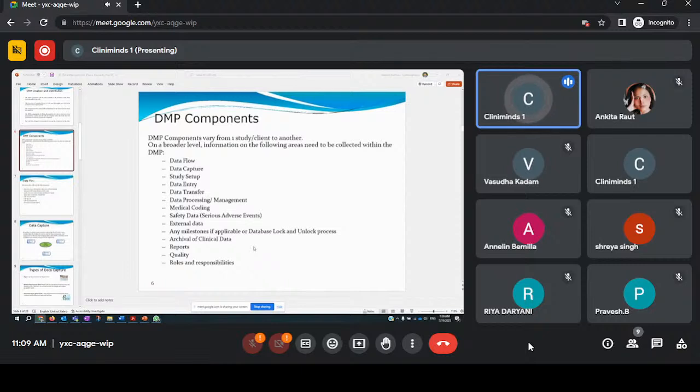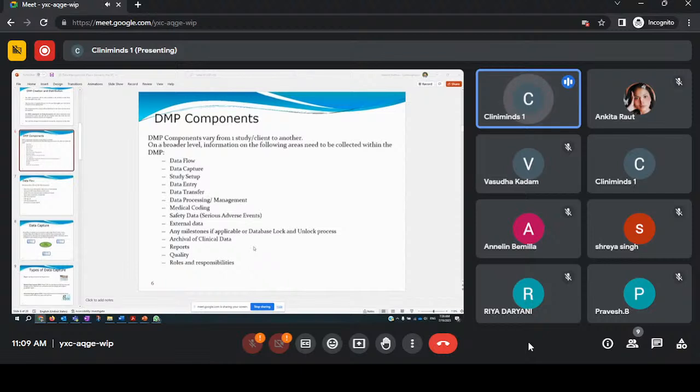So what is the frequency, whether it's monthly or bi-weekly or even every 6 months, right? Depending upon the data type, you also have which type of data format we will be receiving. For example, are we receiving SDTM format, or are we receiving CSV format like Excel from the safety database, right? So all those things will be given in the DMP.